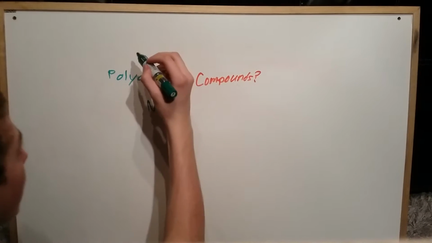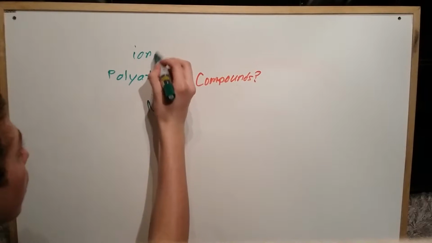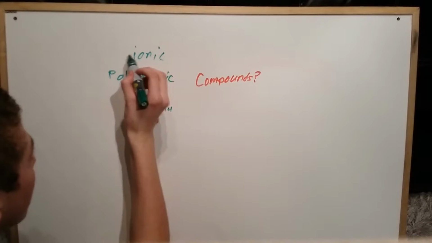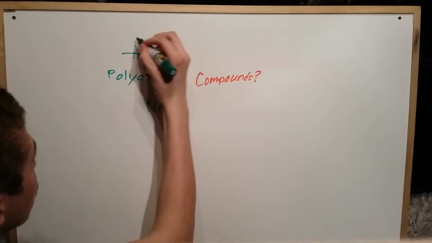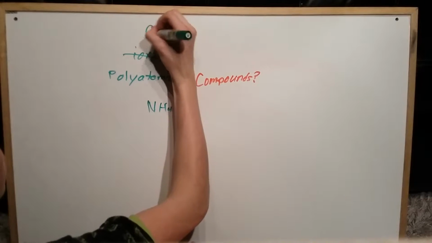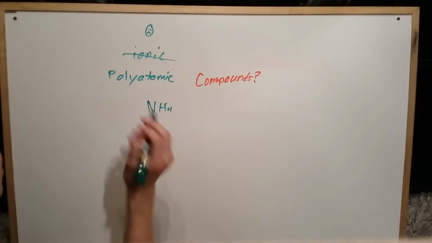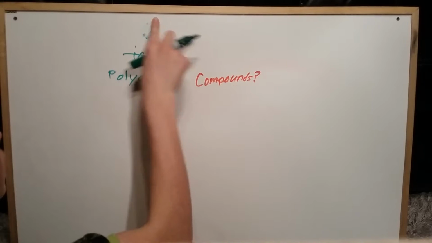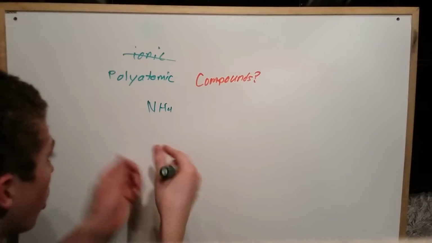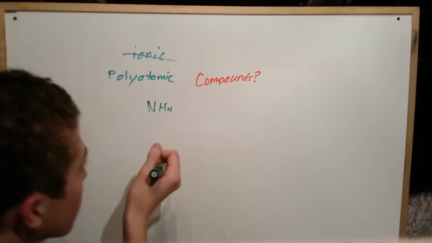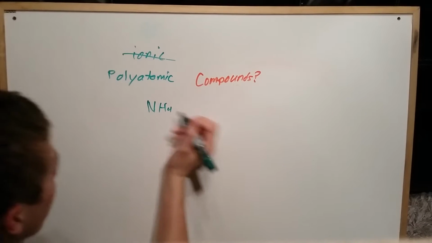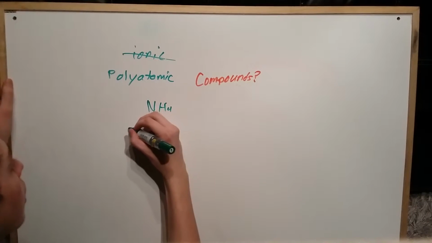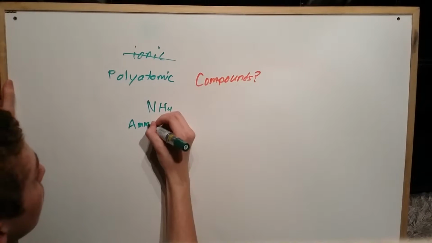This is kind of like an ionic, except instead of just a normal metal, we're going to use polyatomics, which are more interesting, and they got bigger letters. So, NH4 stands for ammonium.